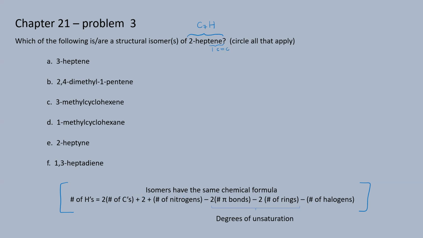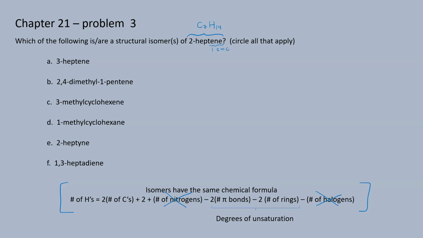We don't have any nitrogens, and I'm just going to tell you right now, there's no nitrogens or halogens in any of these structures. But we do have 1 pi bond because we have the ene or double bond, so we subtract 2. So we're back down to 14. We're looking for which ones have that chemical formula.